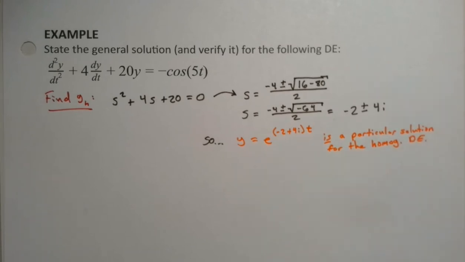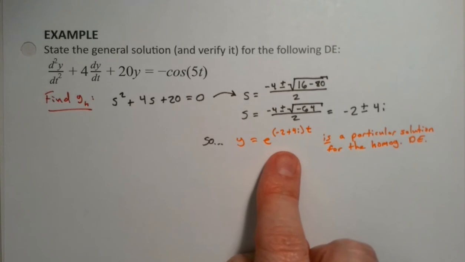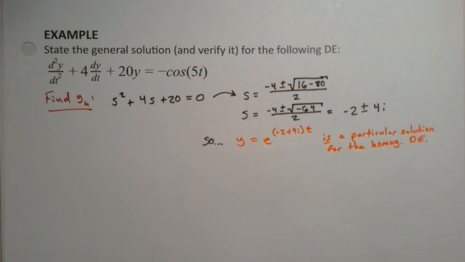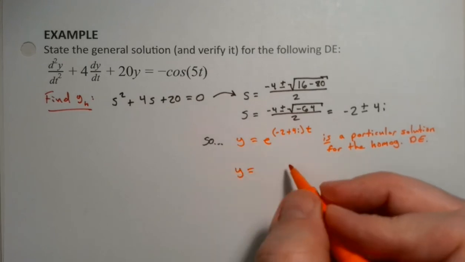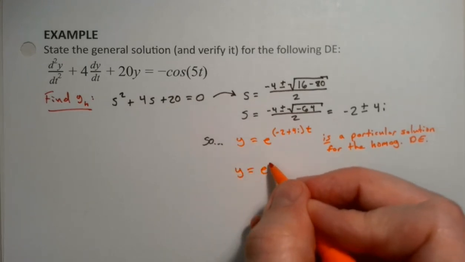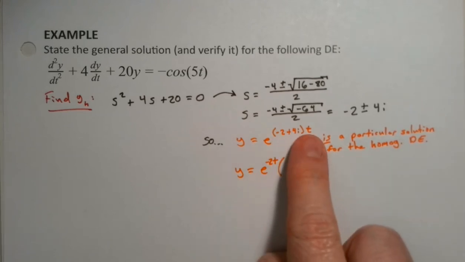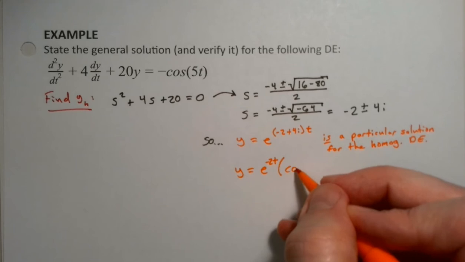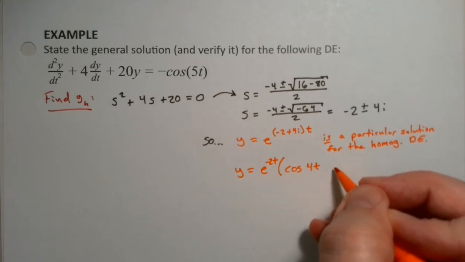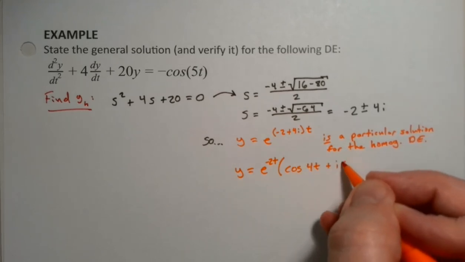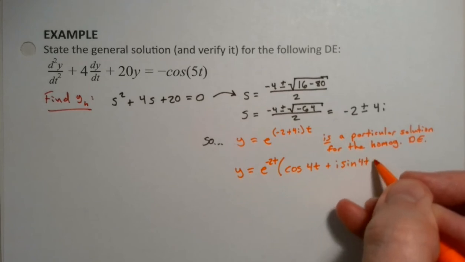That is definitely one. And the good news is this is totally expandable using our old pal, that's right, Euler. So we can say that's equal to e to the negative 2t, which we factor out, times the other part, the 4it, which is just going to be cosine of 4t plus i times sine of 4t.